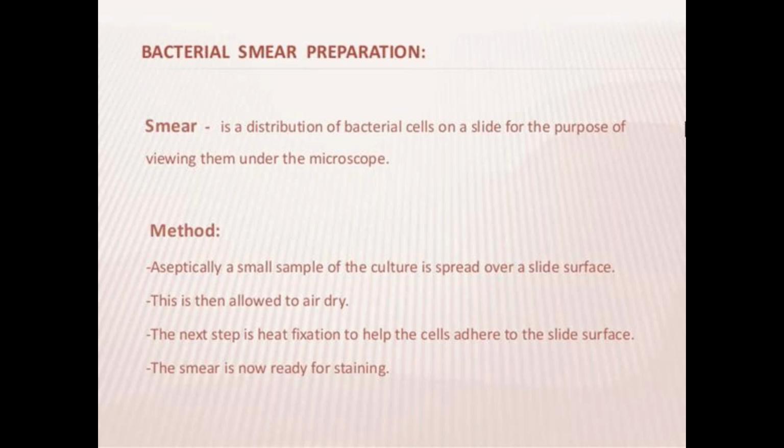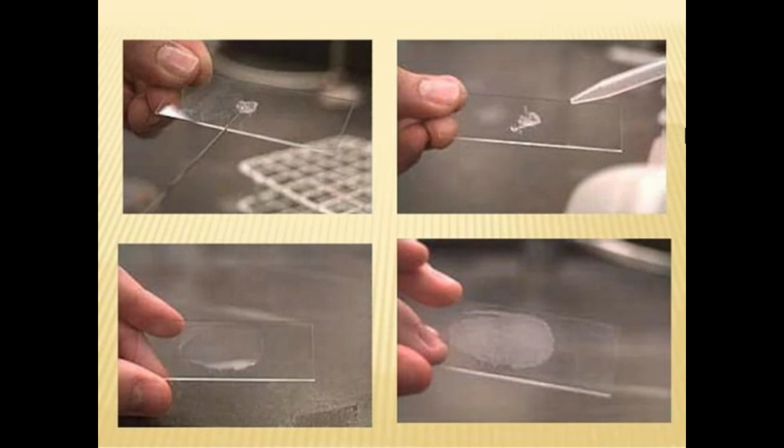So for the smear preparation, different steps are present. First take a small sample of culture, next this culture is to be air dried on the slide, and then it is to be heat fixed. Sometimes some fixation methods are also present for the preparation of smear.